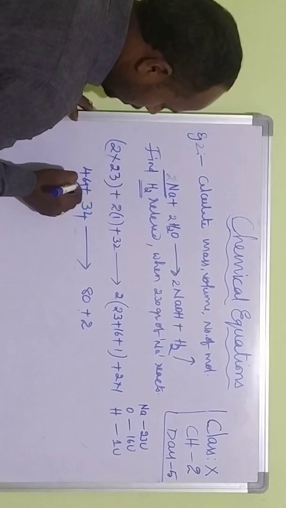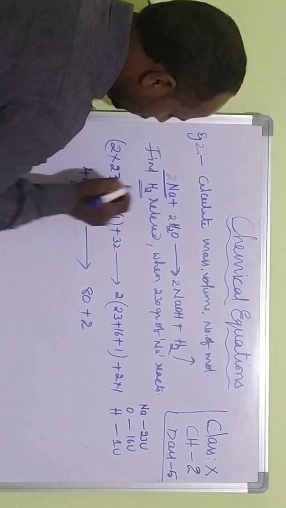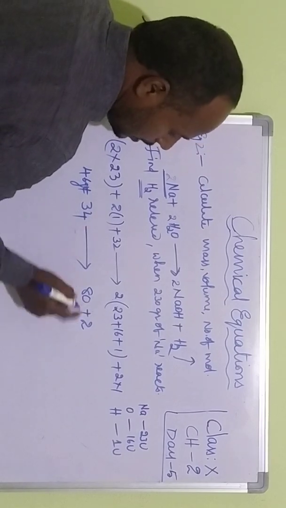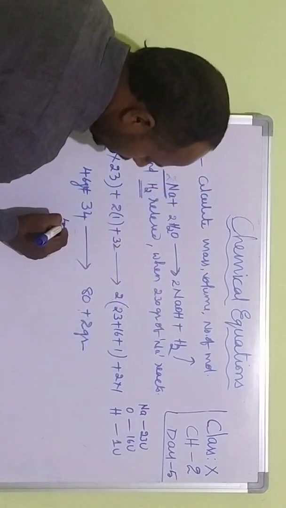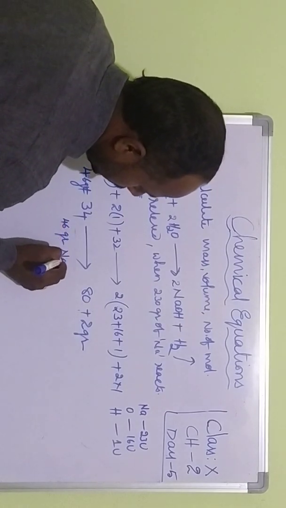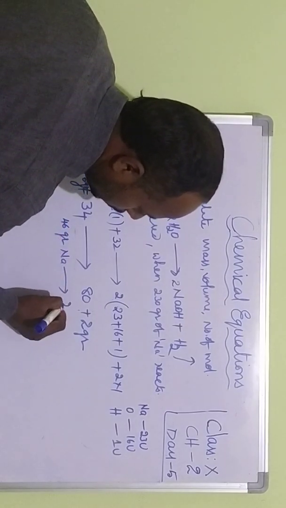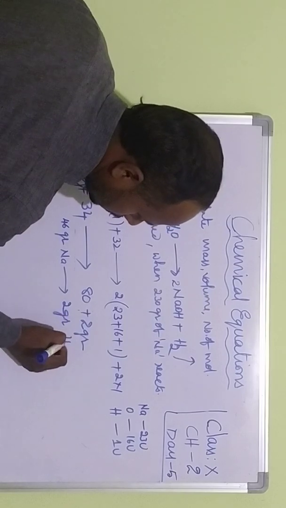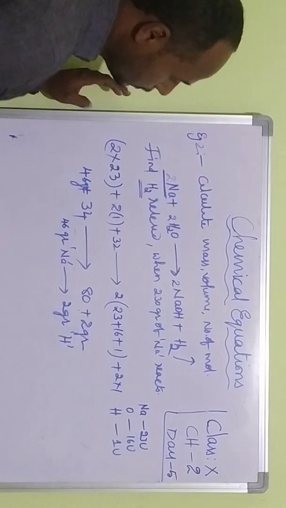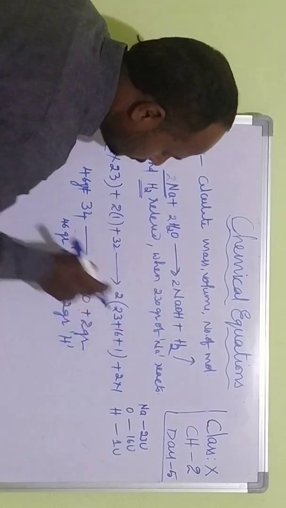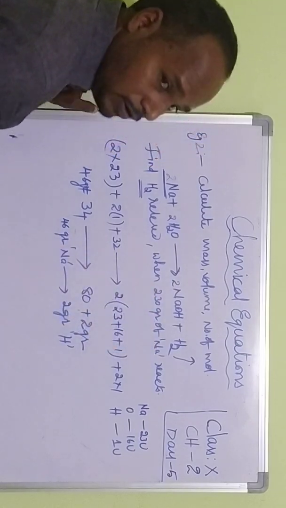So 46 grams of sodium reacting in the reaction gives you 2 grams of hydrogen gas, means 46 grams of sodium gives you 2 grams of hydrogen, isn't it? 46 giving you 2. Then he is asking, when 230 grams of sodium reacts, how much gas evolves?